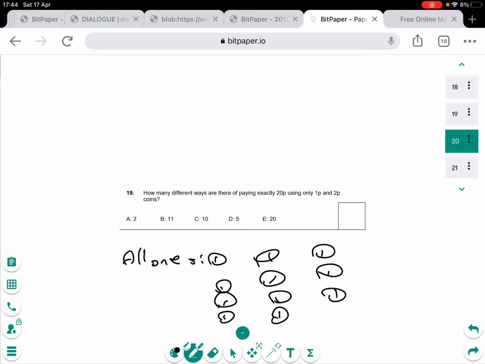So there's a total of 8 plus 3 equals 11, so B is our answer.